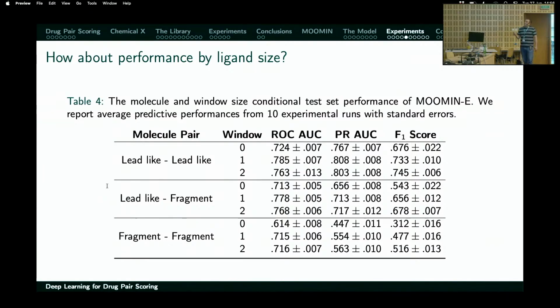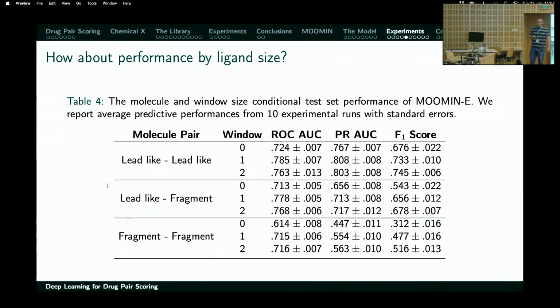And what this shows, in my opinion quite well, is that fragments can gain a lot of performance just by understanding the biological context, which is, in my opinion, a quite nice result. And it is a good question, what is the right way to interpret this result?